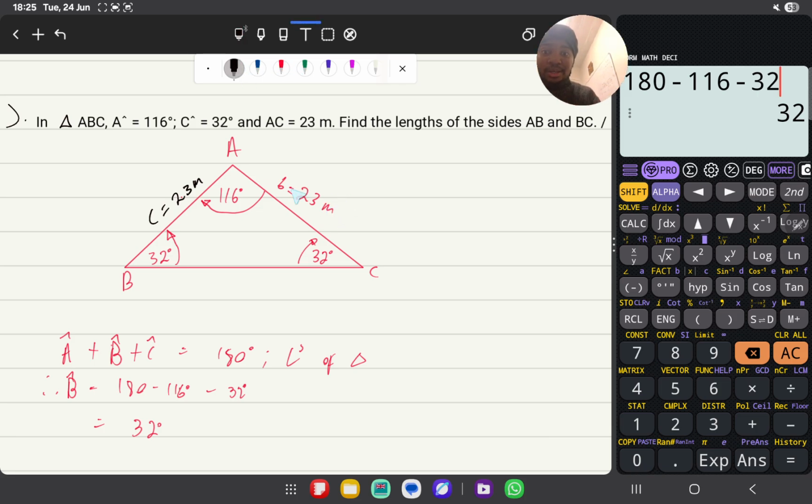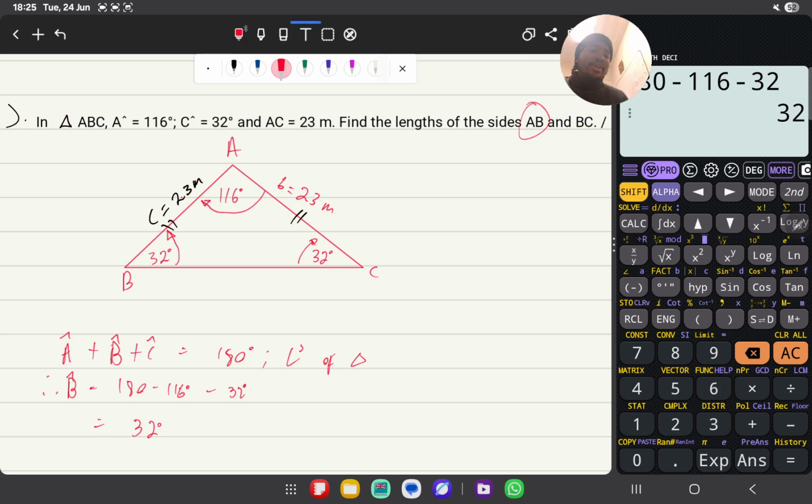Because this is an isosceles triangle, these two sides are equal. We have the base angles equal, so the sides must be equal, right? So that is AB. We already have AB. Let us just find BC.